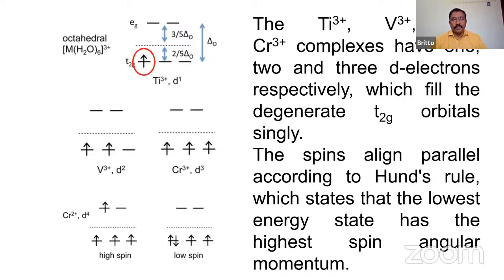Titanium has 1 unpaired electron, vanadium 3 plus has 2 unpaired electrons, and chromium has 3 unpaired electrons. They are parallel according to Hund's rule.